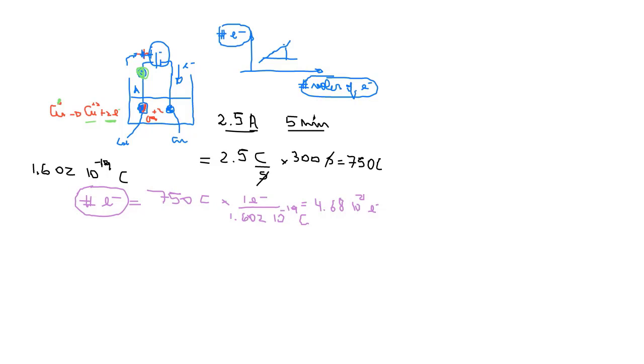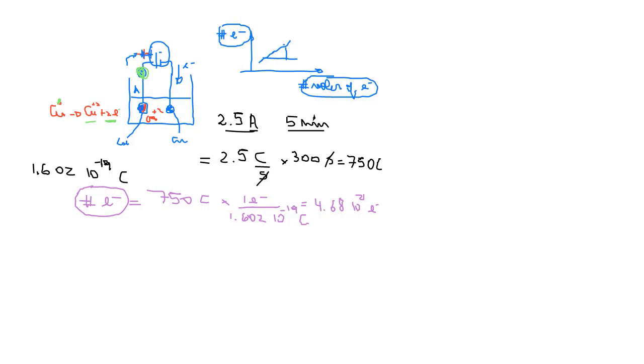So this is the general idea. The x-axis is going to be the number of moles of electrons, and the y-axis is going to be the number of electrons. And the slope of that line is equal to Avogadro's number. Very good.